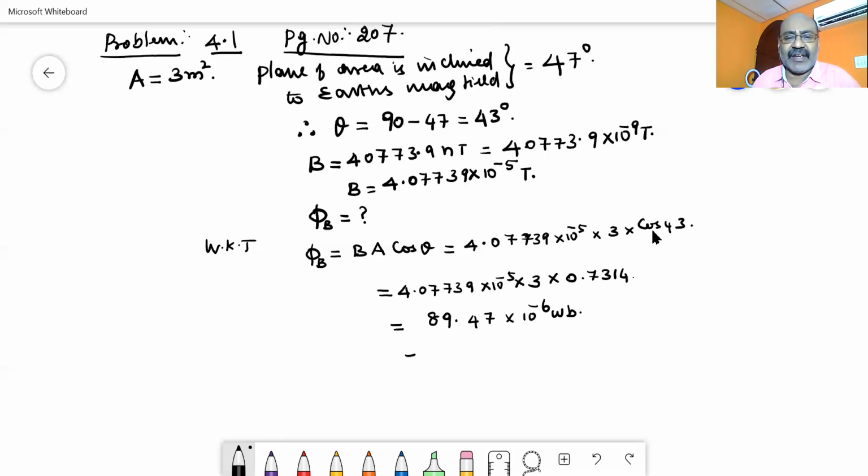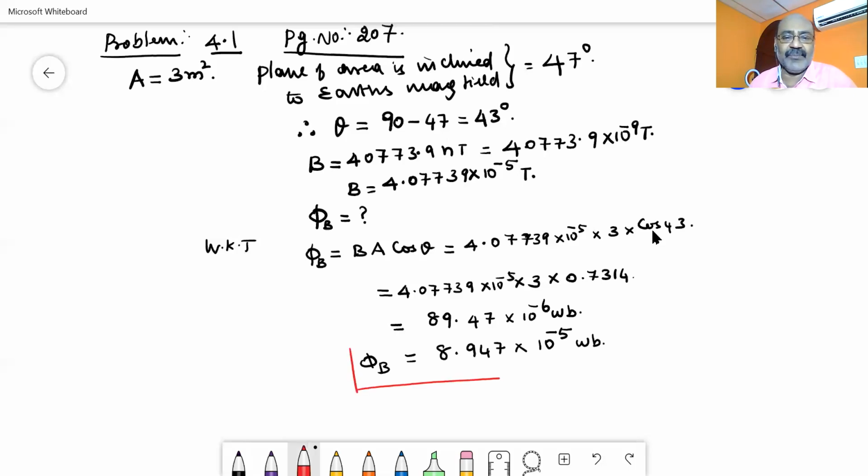On simplification I can write 8.947 multiplied by 10 to the power of minus 5 Weber as the answer. This is the flux linked with that antenna.